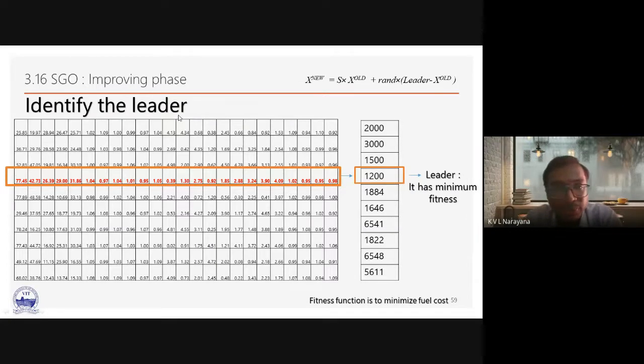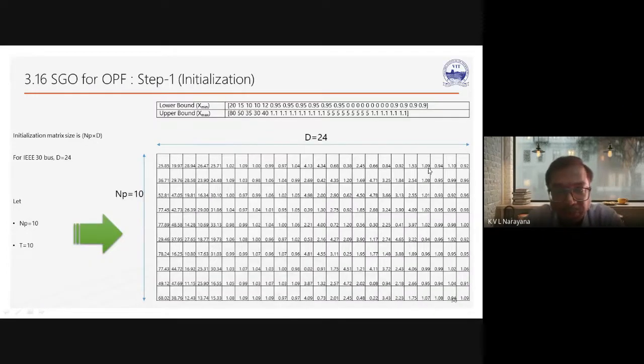Now what we have to do is substitute these values in the fitness function. The fitness function is evaluated like A1 plus B1 PG1 plus C1 PG1 square plus A2 and so on. The A1, B1, C1 are the cost coefficients which are already given in the literature for the IEEE 30 bus system. We can directly use them in the program.